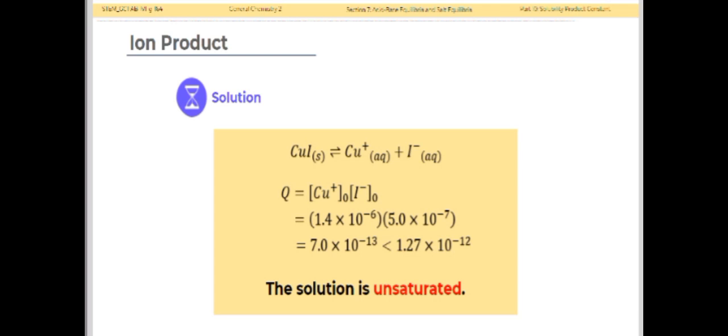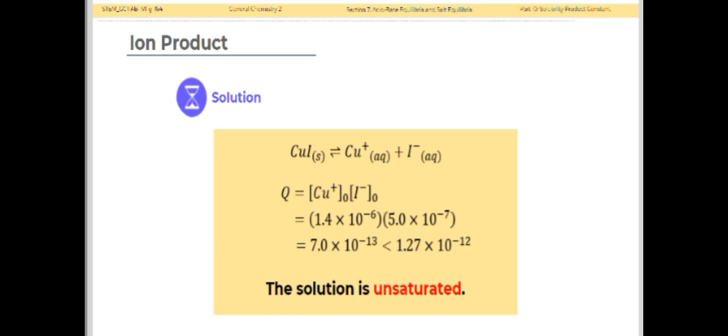Solution. Let us write the Q expression for cuprous iodide. From the chemical equation at equilibrium, note that cuprous and iodide ions are in a 1:1 mole ratio. Thus, Q equals the initial concentration of cuprous ion times the initial concentration of iodide ion.